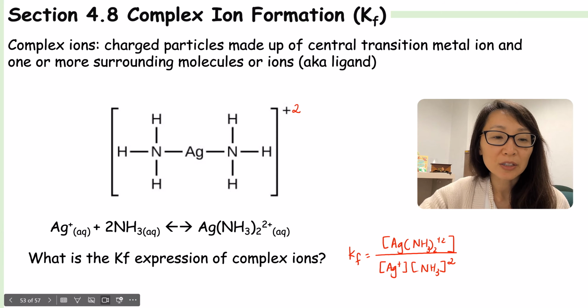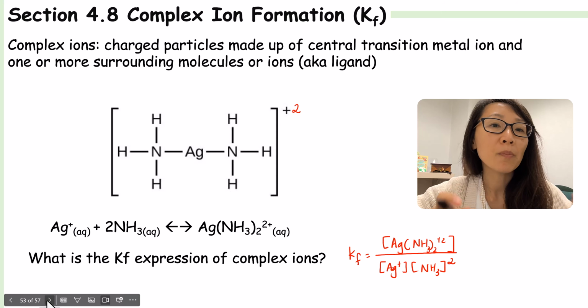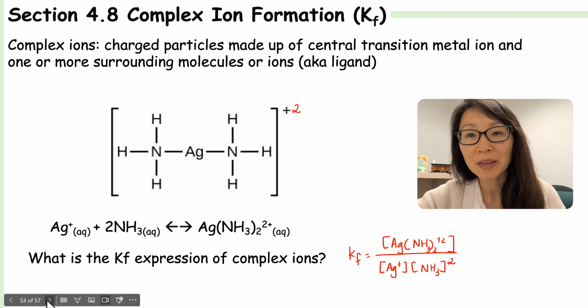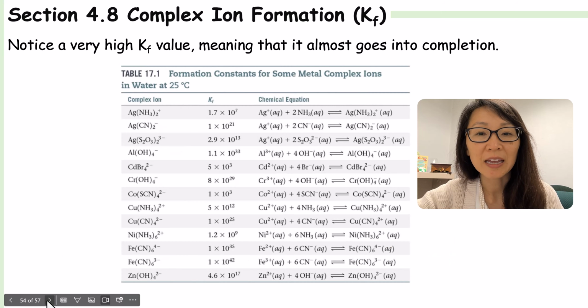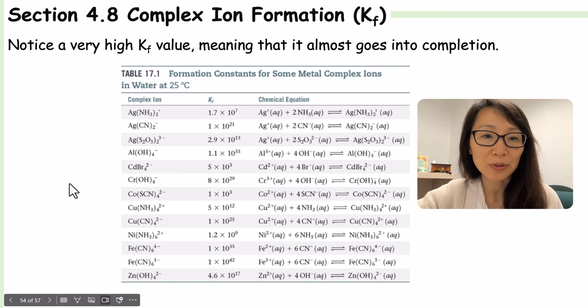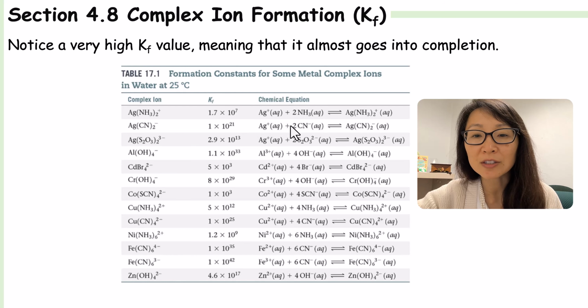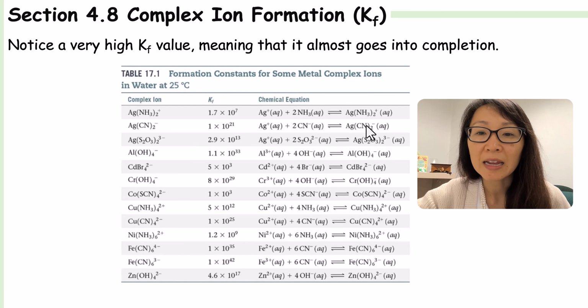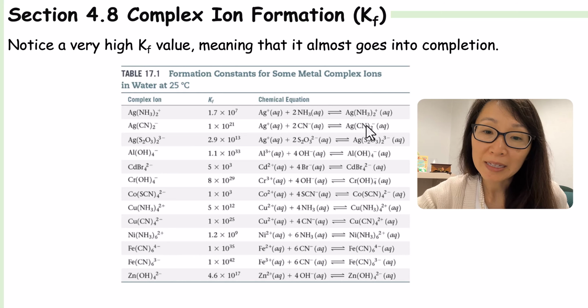Now let's see what other complex ion formations you can find in this particular table. Here's silver and two cyanide forming the silver cyanide complex ion. You also have copper and iron.